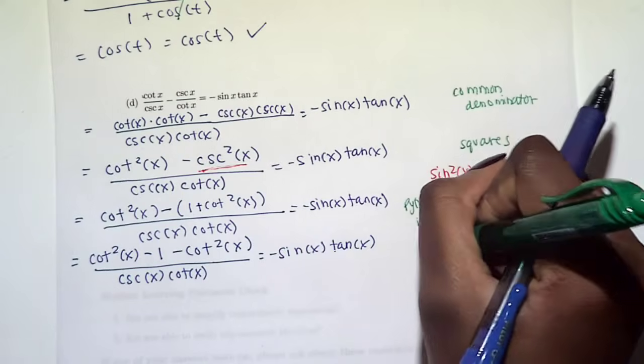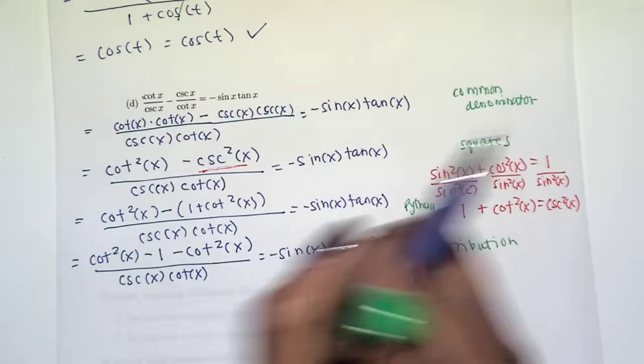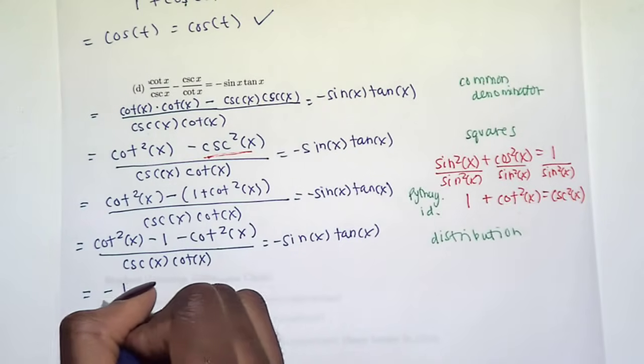All right, so I just distributed in this step. And what do I notice? Cotangent squared x minus cotangent squared x, that's 0. So we're just left with negative 1 on the top.